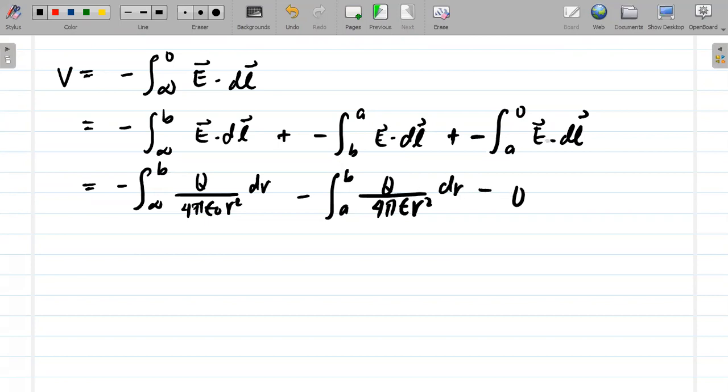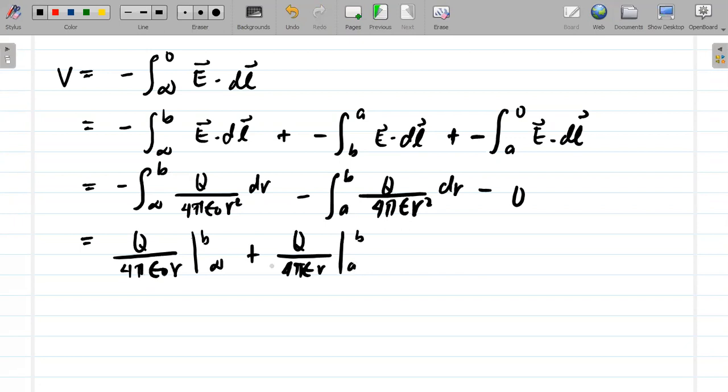Minus 0, kasi 0 to, electric field inside. Now, this is equal to Q over 4 pi epsilon r. Tama? Kasi over negative 1. Tapos may negative ka dito. Magka-cancel yon. Evaluated from b to infinity plus Q over 4 pi epsilon r, evaluated from a to b.